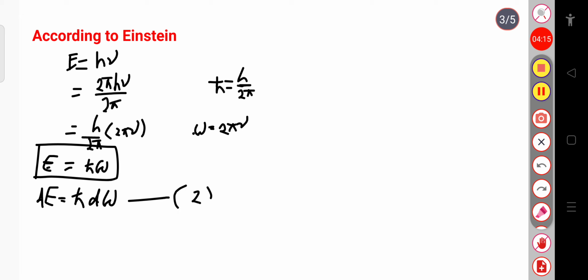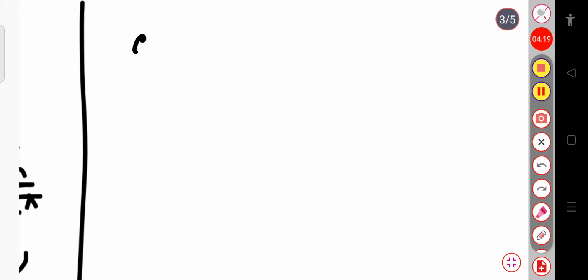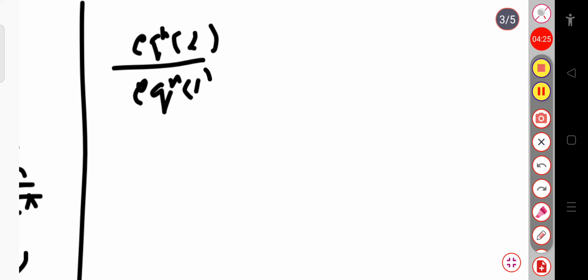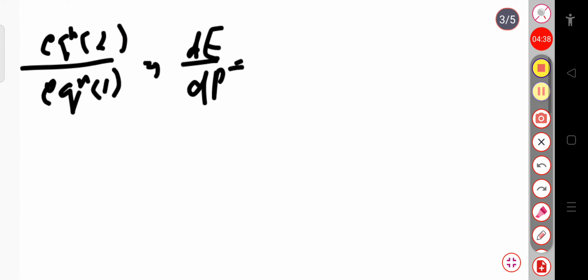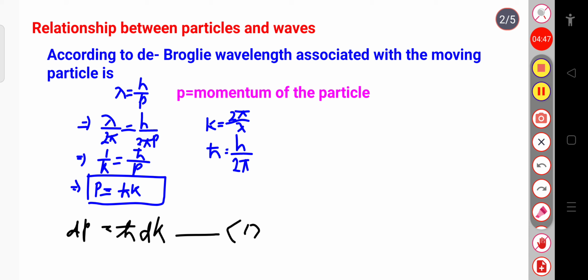If I divide equation 2 by equation 1, we get dE divided by dp. The value of dE is h cut d omega, divided by dp, which is h cut dk.